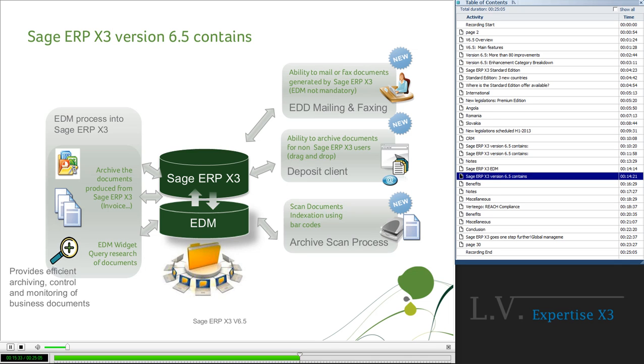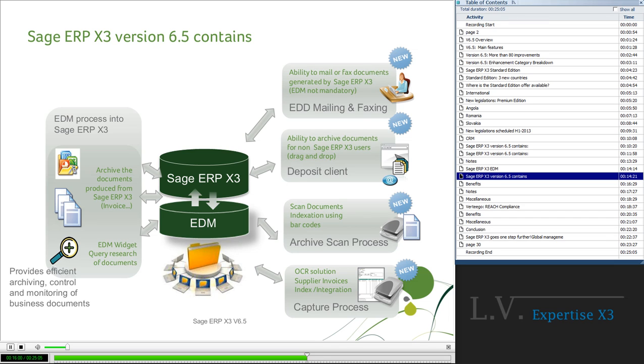And this is the ability to automatically archive documents by using barcodes. So the process is to scan the documents, print the barcodes, and then the system will archive those barcoded documents for subsequent retrieval.